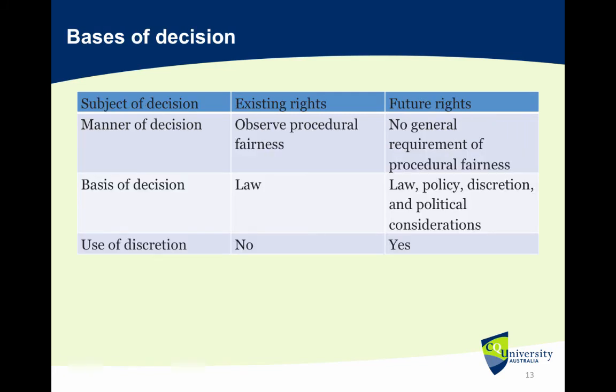Now, in terms of the basis of a decision, the Chapter 3 court adjudicates on the basis of existing rights. The basis of decisions of non-Chapter 3 courts, on the other hand, is future rights. In other words, non-Chapter 3 courts seek to create typically new legal relations or new standards.